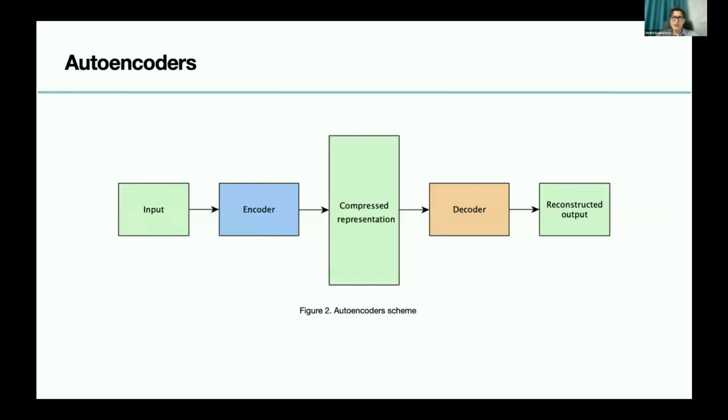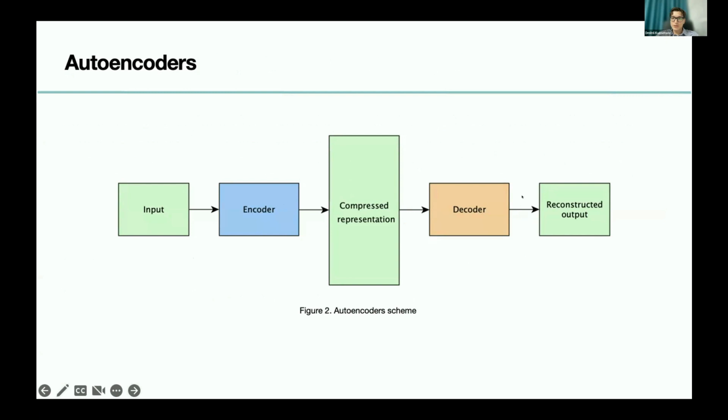The basic structure of autoencoders consists of two basic parts: an encoder and a decoder. When we feed input to the encoder, let's say the basic example is images, for example, we input an image to the encoder. The encoder compresses the data and creates a compressed representation of this image.